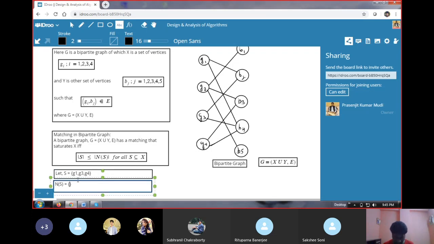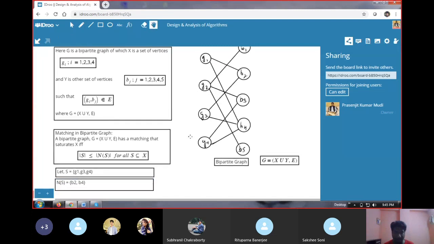So if I consider that it is B2 and B4, then we have that the cardinality of S is greater than N of S.